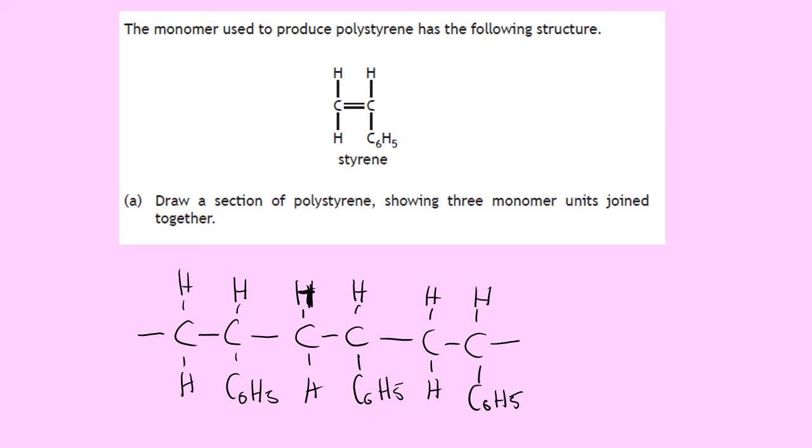So it's relatively straightforward. It actually doesn't matter if you draw that C6H5 on the left-hand side or the right-hand side carbon, as long as there's always a gap. Carbon, 2 CHs, then carbon with that. Carbon with 2 CHs, carbon with that. And it's typically 3 monomers joined together. Remember to have your bonds on either end.